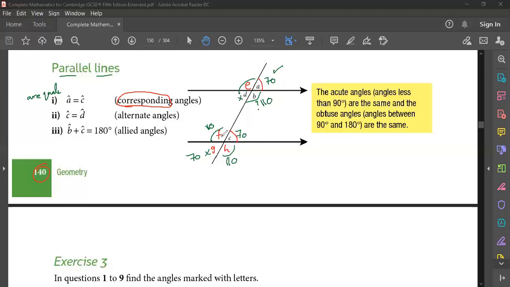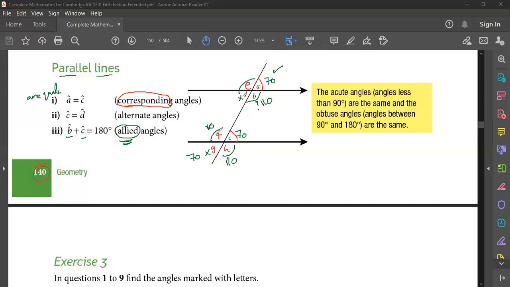Good. Now for F and D, they are called allied angles. D and F, allied. B and C, allied. See, B and C, they are allied.